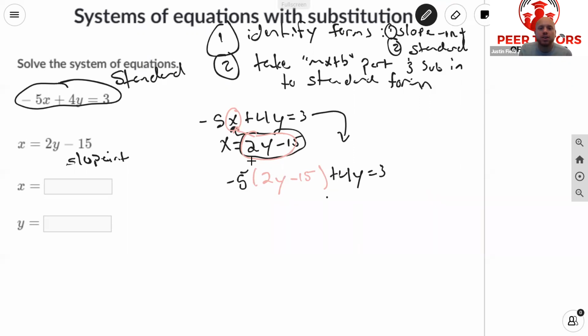But when I write 2y minus 15, how many variables do you see on this left side? You might be saying 2, but there's actually only one letter. They're both y's. So that means we can solve it. Okay, so hopefully you're like, oh yeah, distribute. Okay, so we're going to distribute, and then 5 times 15 is like 75. 2 negatives make it positive.